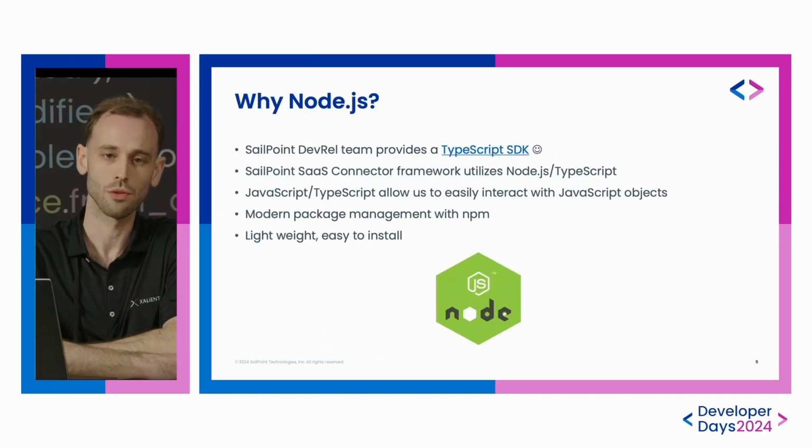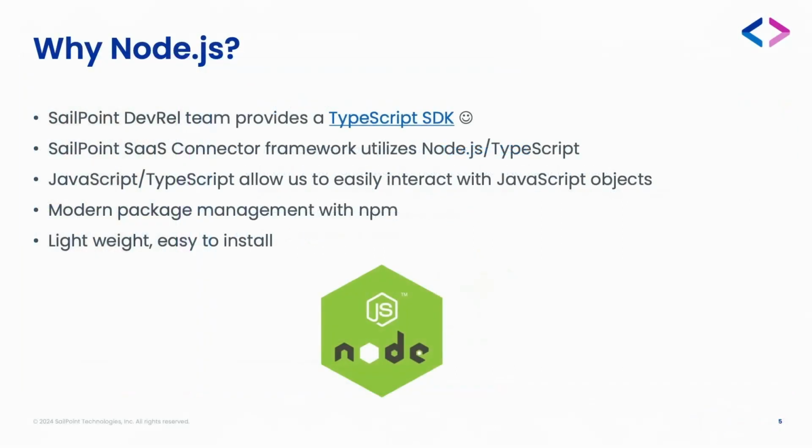So why did I choose Node.js for developing this tool? First off, the SailPoint DevRel team provides a TypeScript SDK, which is awesome. You can find that on the developer website. Again, I mentioned this earlier, but it really helps speed up the development process.